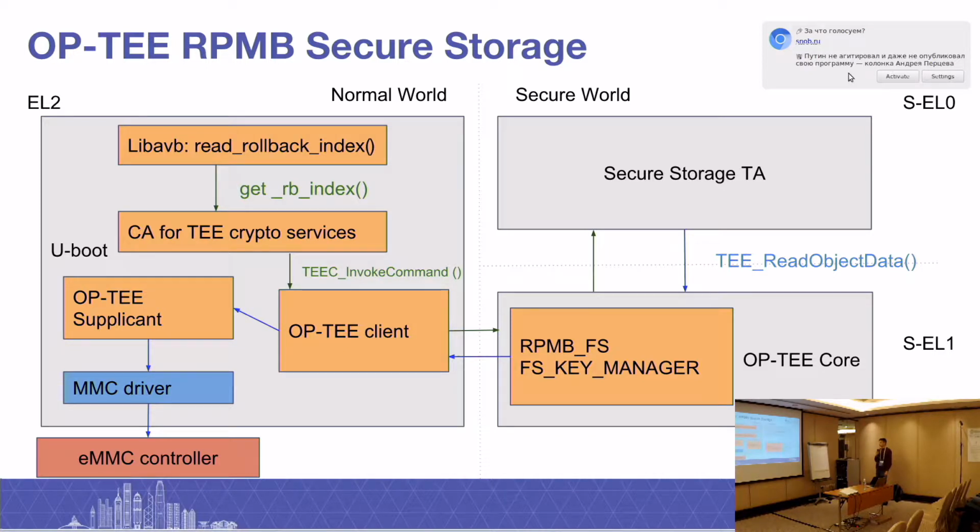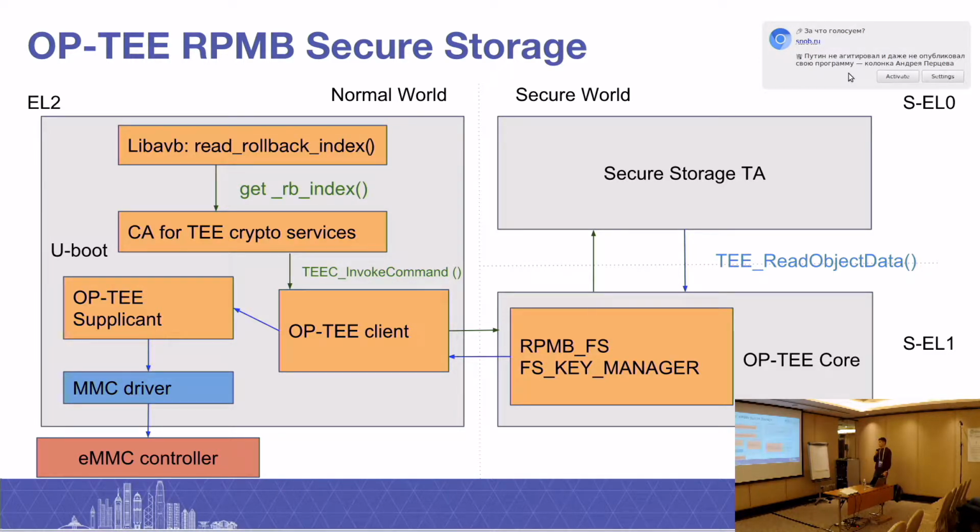The main problem with communication from U-Boot with OP-TEE is the implementation of an OP-TEE client and OP-TEE supplicant in U-Boot, as currently we have them only as Linux user libraries.